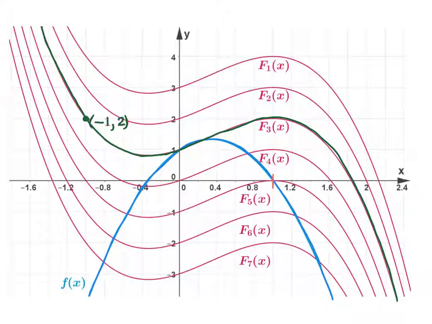All of these antiderivatives have the same slope at 1. You see that? They all have the same slope, so they would have the same derivative, okay? That's why we're able to translate it up and down and still get the same thing, okay?